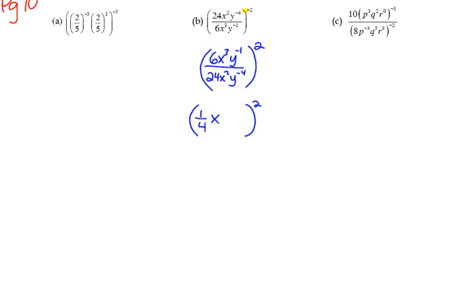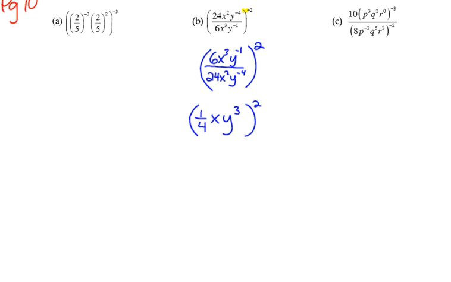So positive 3 because we have negative 1 minus the negative 4. And when we subtract a negative, it's really adding a positive. The two negatives become a positive. So negative 1 plus 4 is 3.